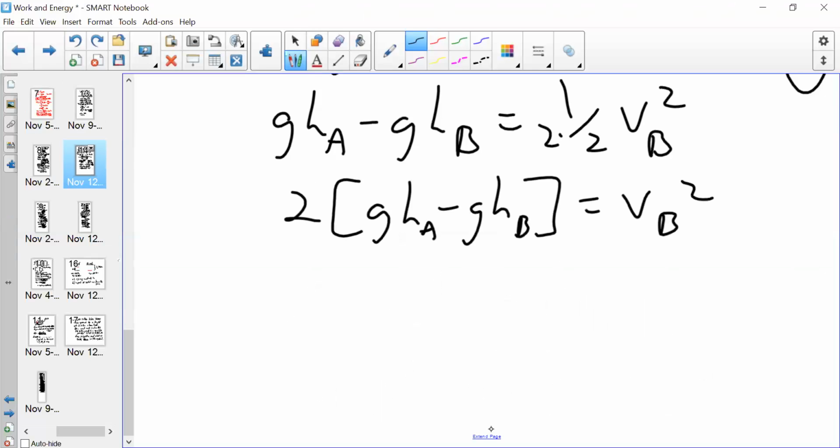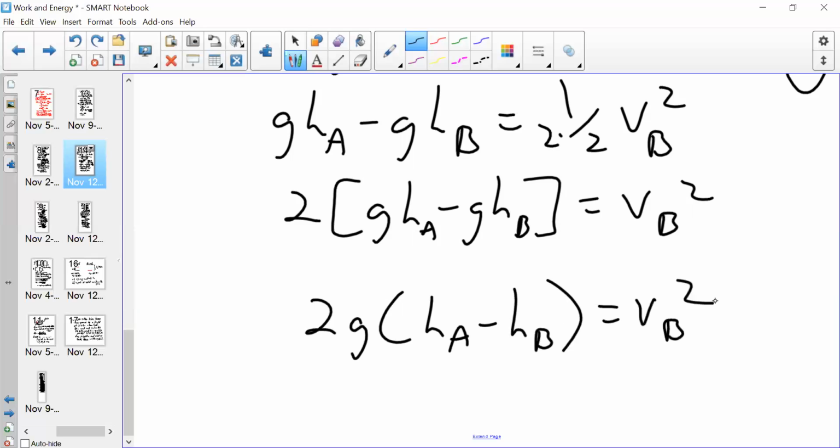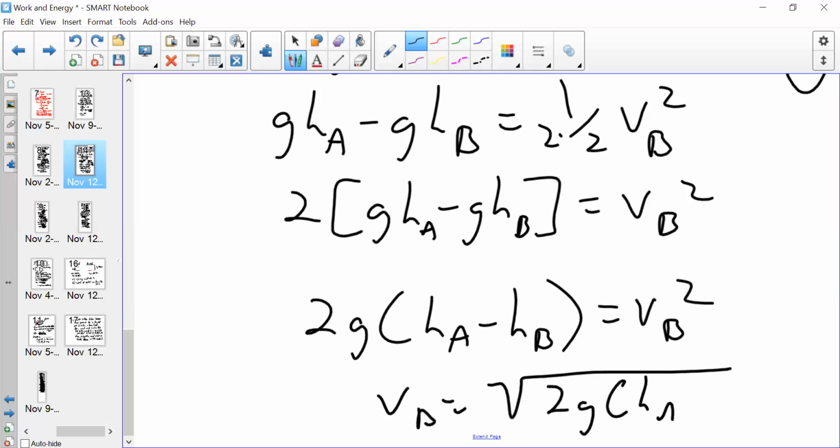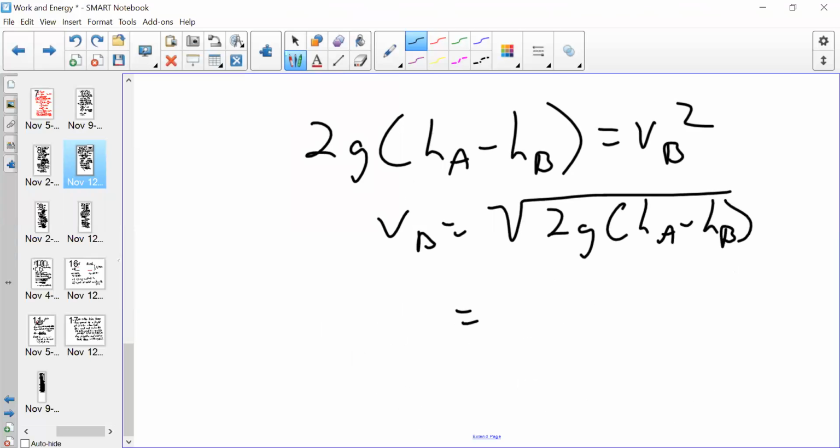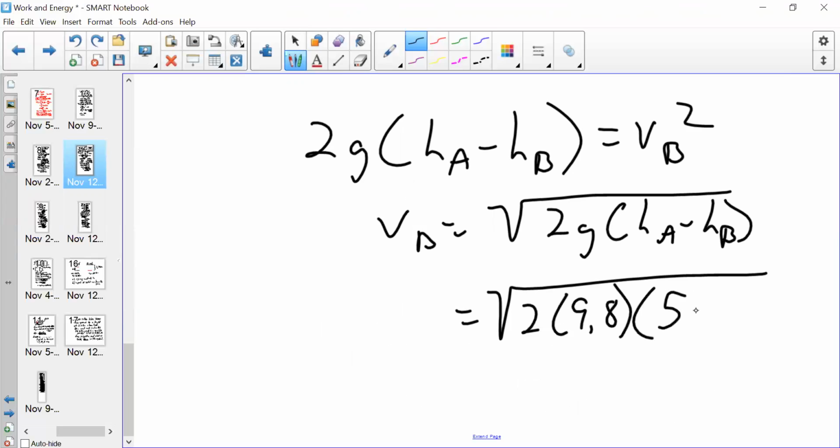It's like a kinematics equation, isn't it? So I can just take out my 2g: 2g times (h_A minus h_B) equals v_B squared, then v_B is the square root of 2g(h_A minus h_B). And my numbers: the height at A is 5, the height at B is 3.2, and that's my speed at B.